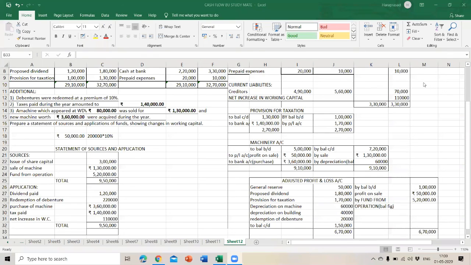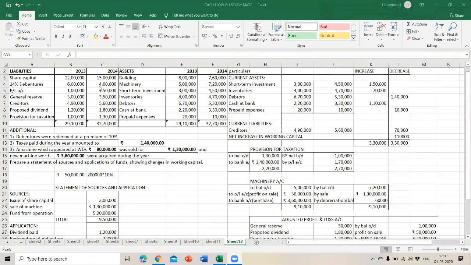So 20,000 rupees in the adjusted P&L account, how it has come is, redemption of debenture at 10% premium it has given in the question. So how much we need to give for debentures is, in the balance sheet, you know that 6 lakhs and 4 lakhs it is given.